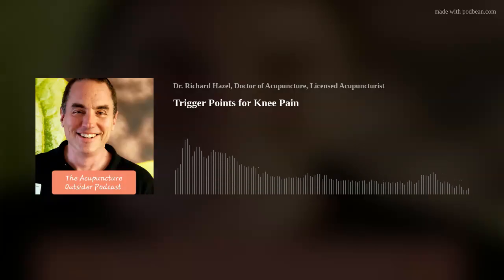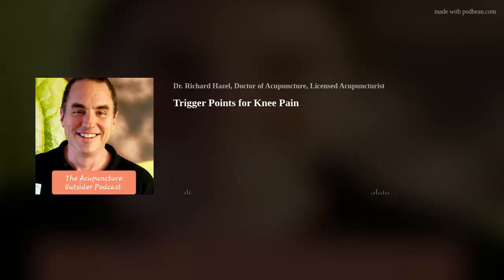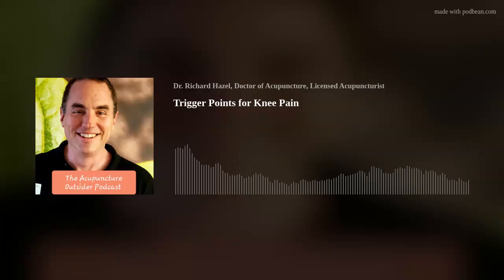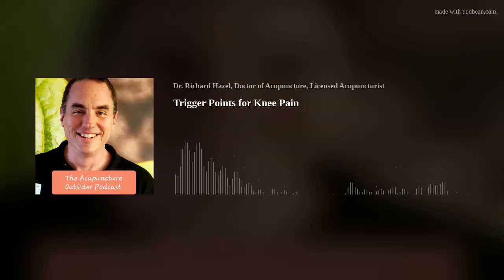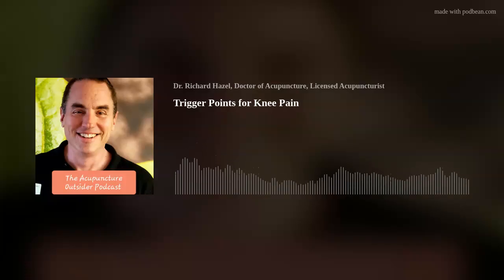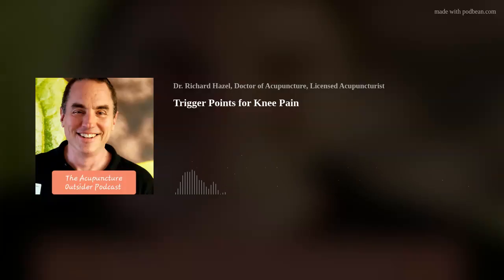But this was a medial knee issue, and it seemed like her pain was not quite pes anserine. It didn't seem to be as far down near the inner joint of the knee.